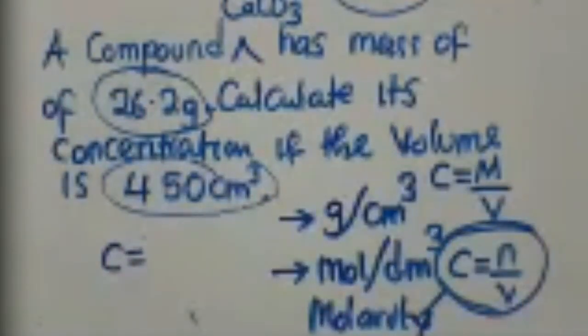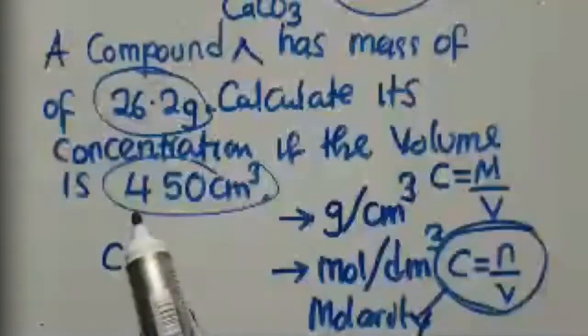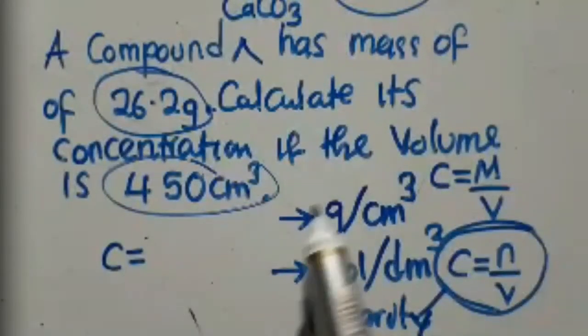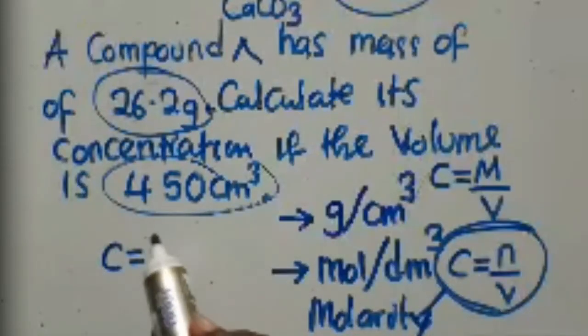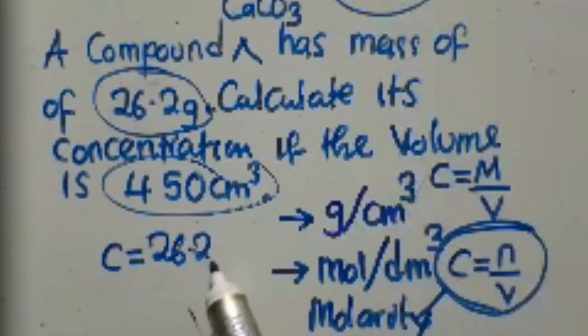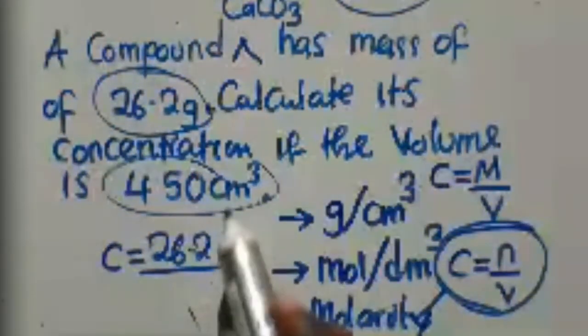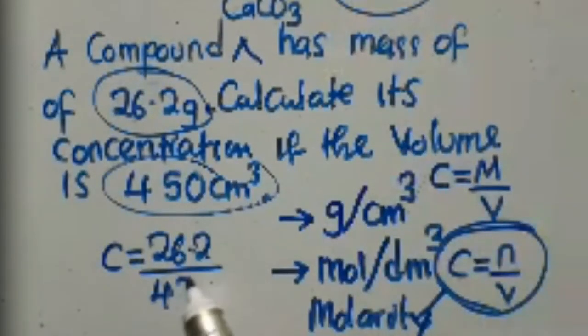But when it is just open like that, where you are just asked to find the concentration, if the volume is this, you just go direct where you say the mass is 26.2 over the volume, which is 450.